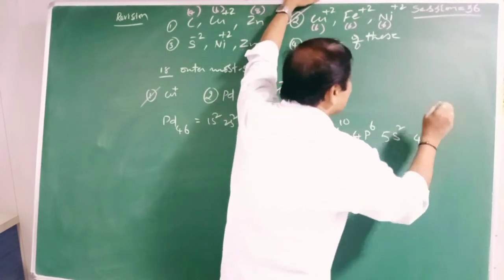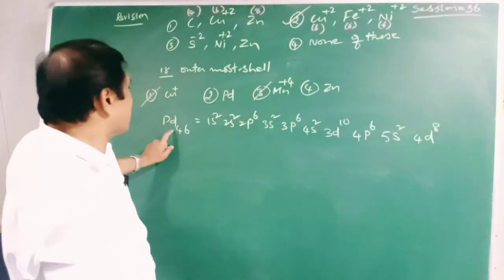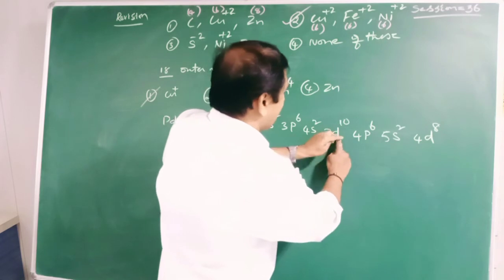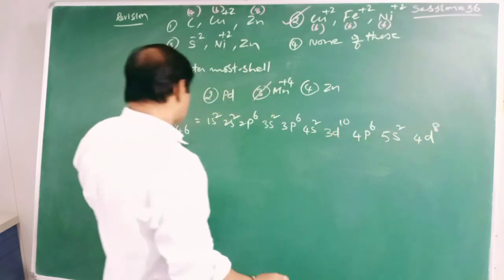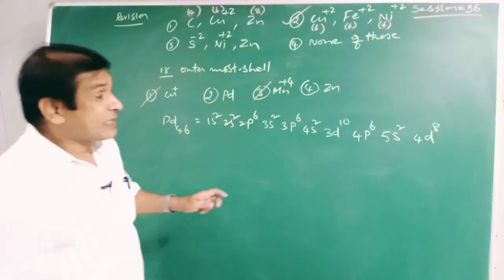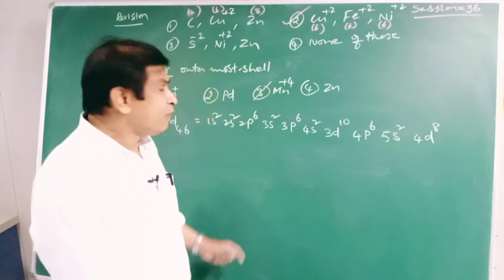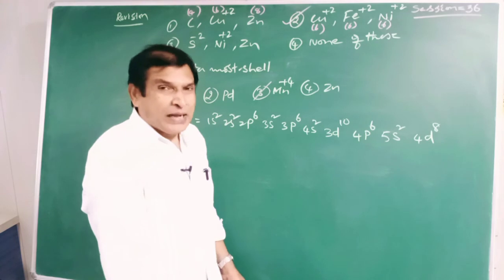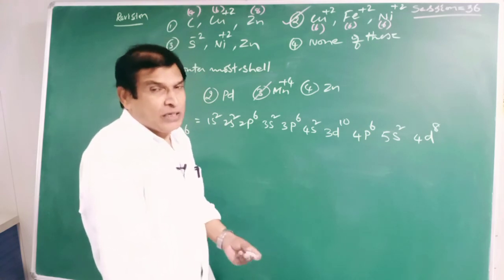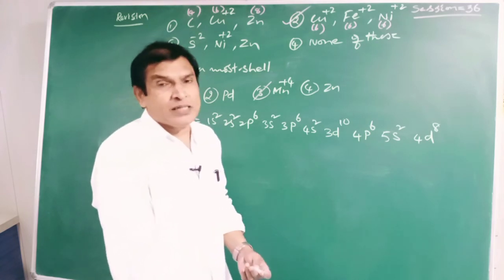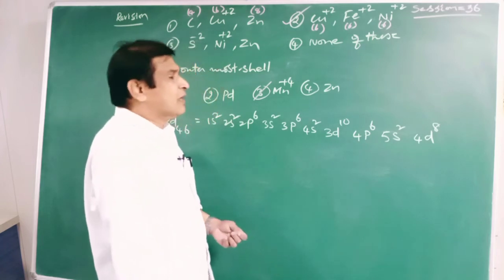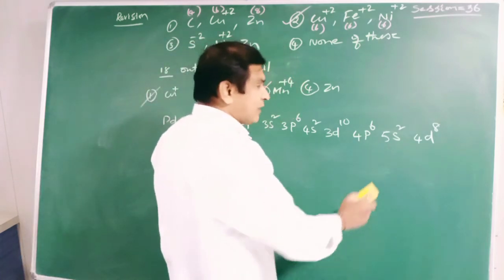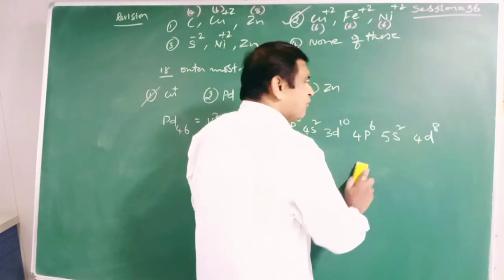This is the normal configuration we wrote for palladium 46. The electrons match. And remember, according to Hund's rule, completely filled d orbitals are more stable. So therefore, the 5s electrons are transferred into the 4d orbital.